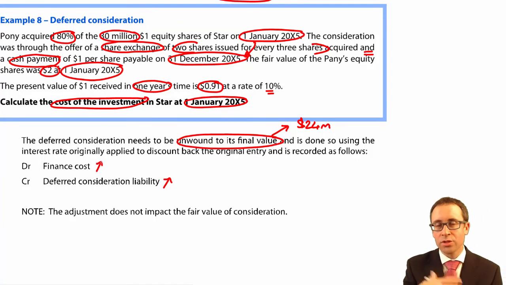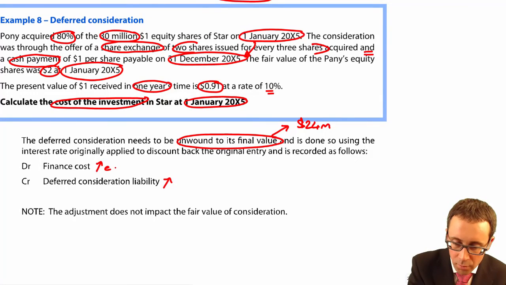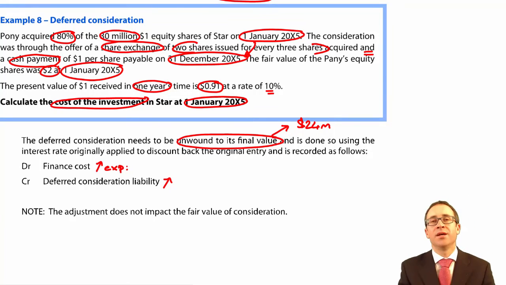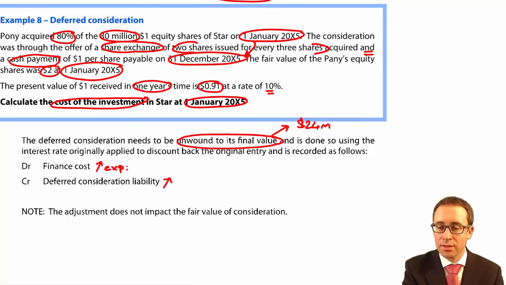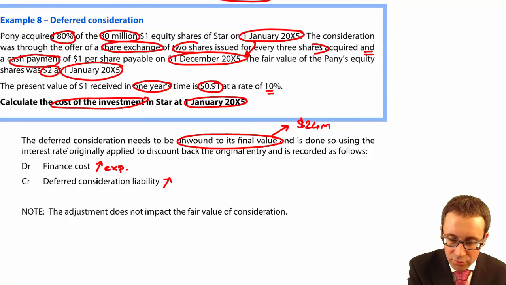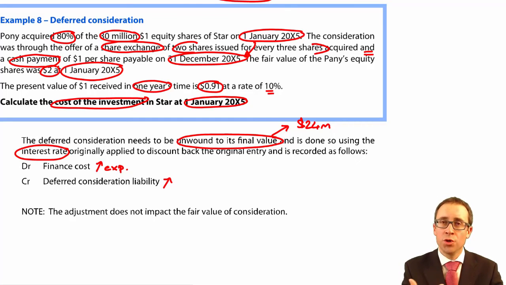We're not going to touch the investment. This is all to do with discounting, and discounting involves interest. So we're going to debit your finance cost. So we're going to increase an expense in the statement of profit or loss. To work out the expense, we take the interest rate. Was it 10% that we used on the discount? We apply that rate to the value of the liability at present value.